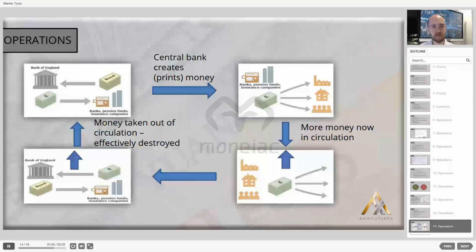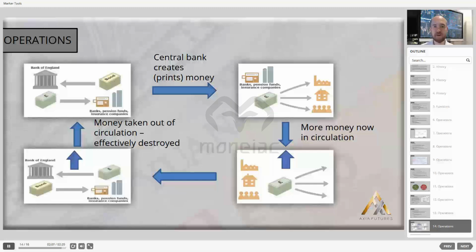But ultimately, whilst quantitative easing goes on, this cycle continues, whereby as the bond pays back, the bank then reinvests that money once again and starts buying more bonds, or buying the same amount of bonds with that money that matures from the bonds. So that's how QE continues.